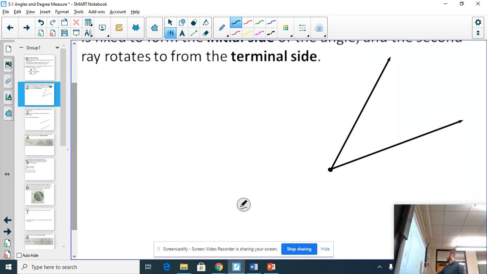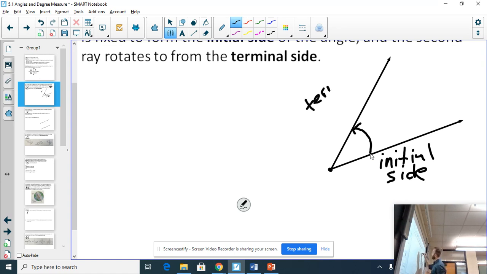So if we were to start on this right ray, and then we move another ray just over that way, this would be the initial side, because that's the side we started on. And then this would be the terminal side.